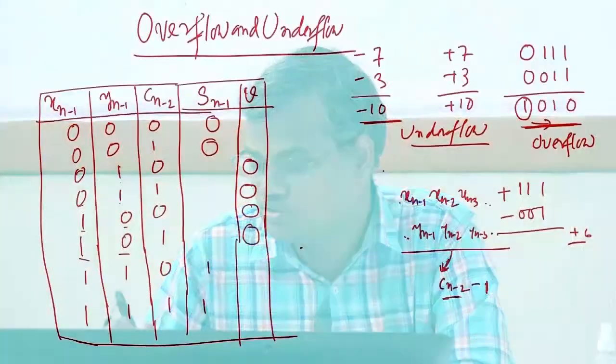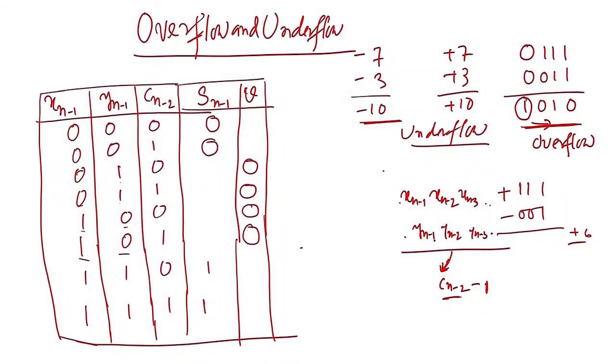If there is C n minus 2 equal to 1, then there is an overflow in this position, and then there will be a problem. So, in this scenario the sign bits are 0 0, because there was an overflow in this position. Therefore, if C n minus 2 is 1, that means there is an overflow.